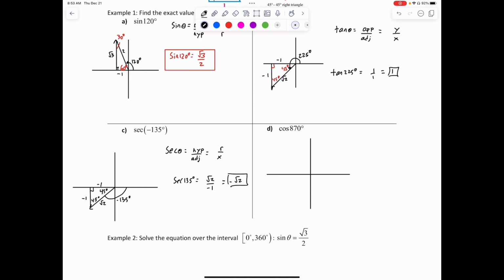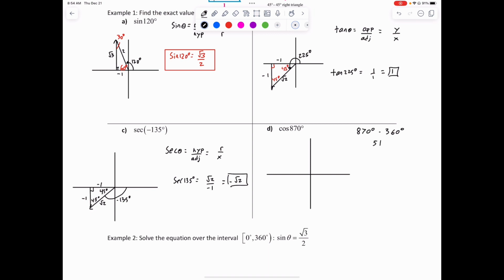Drawing a picture again. Now this is interesting because we're starting with an angle of 870 degrees. We know that in the coordinate plane, a rotation of 360 degrees gets you back where you started. So if I'm looking for 870 degrees, I can subtract off 360 degrees, and that will be the same point in the coordinate plane.